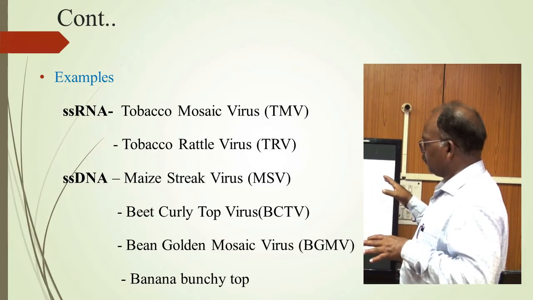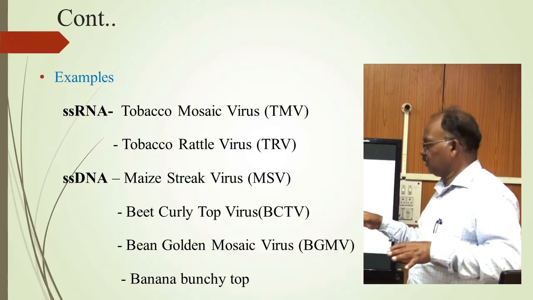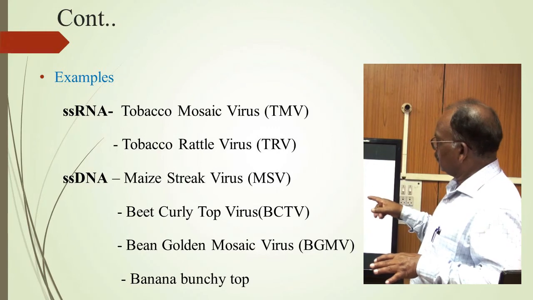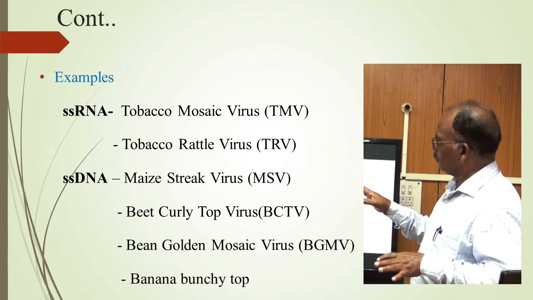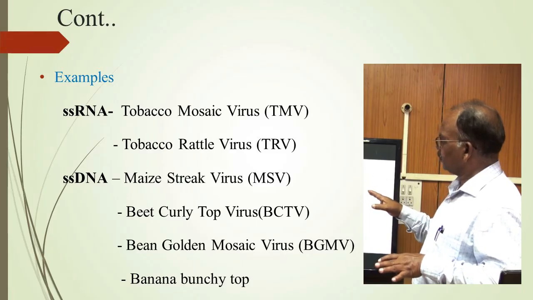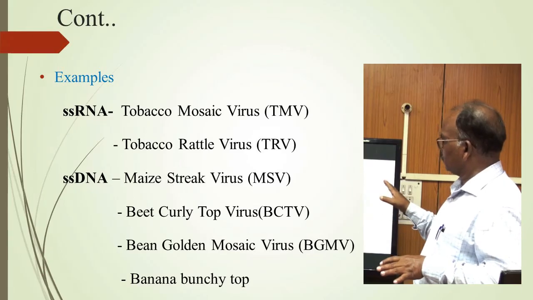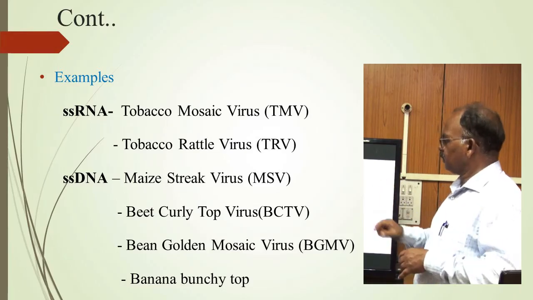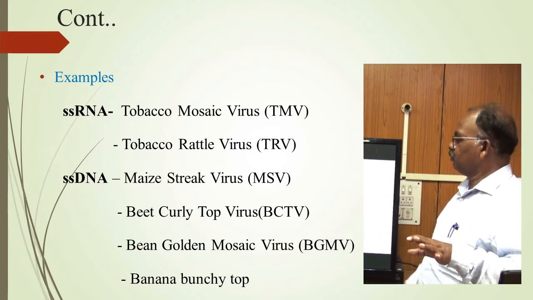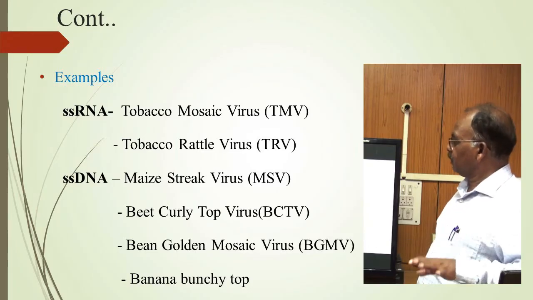Plant viruses possess single-stranded or double-stranded RNA or DNA. Examples of single-stranded RNA viruses are tobacco mosaic virus (TMV) and tobacco rattle virus (TRV). Single-stranded DNA viruses include maize streak virus, beet curly top virus, bean golden mosaic virus, and Panama banchito virus.